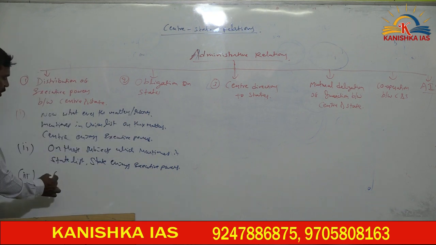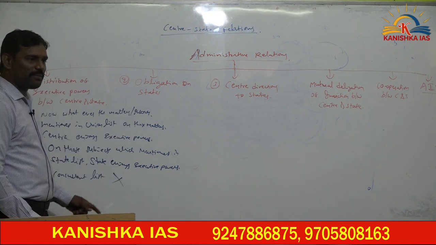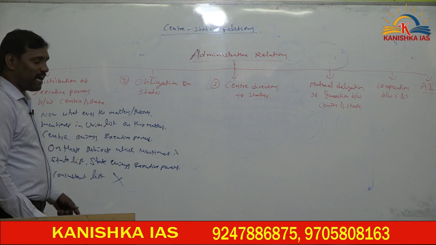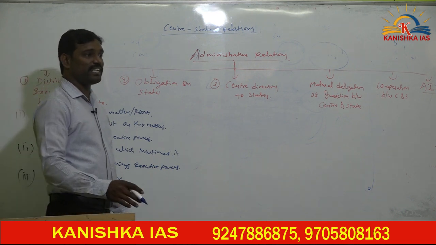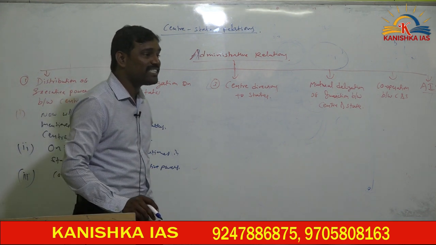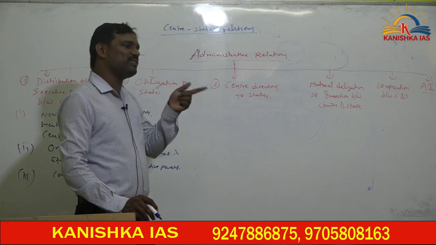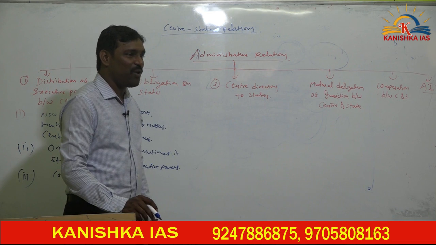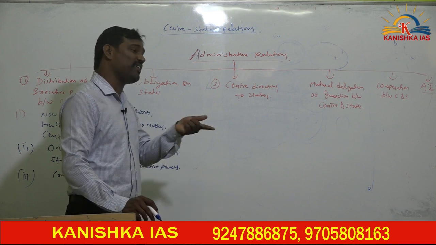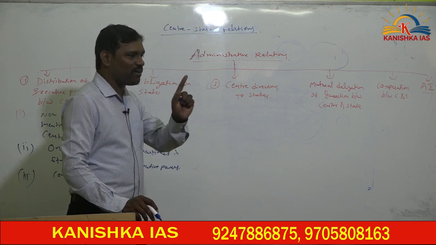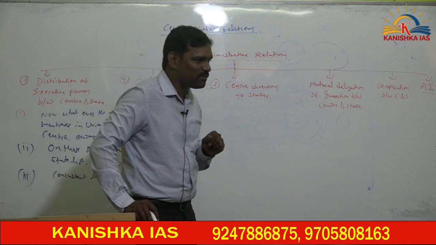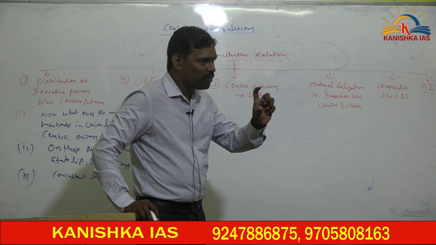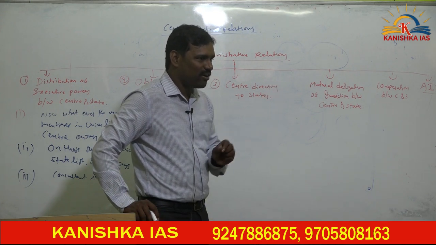Now tell me, what about the concurrent list? In the exam, consider the following statements: on the subjects mentioned in the concurrent list, both center and state enjoy executive power. That is wrong. For legislative subjects, it's okay. How can both do executive functions? See, now you are performing one job, and the same job the center also performs. What happens? Both powers coincide, or not?